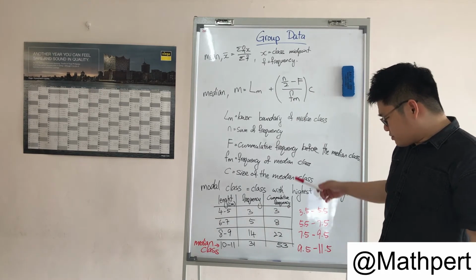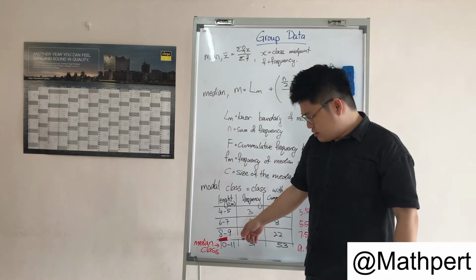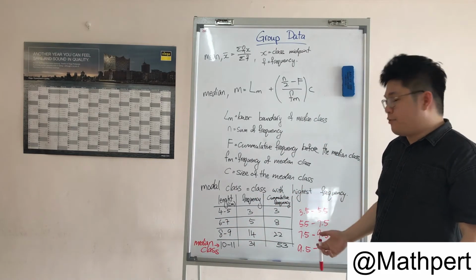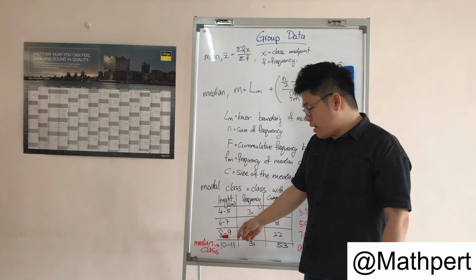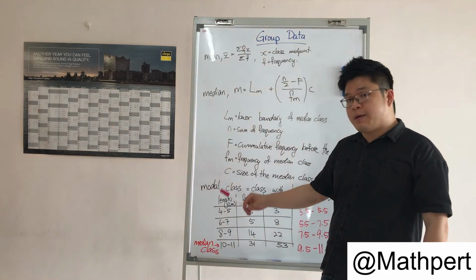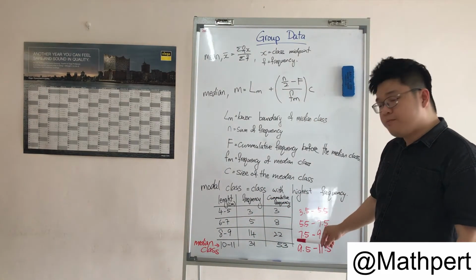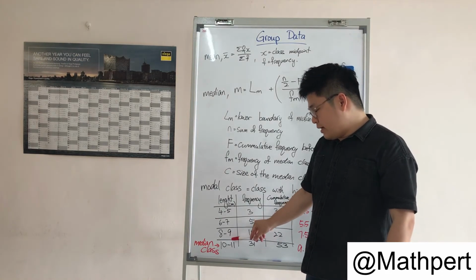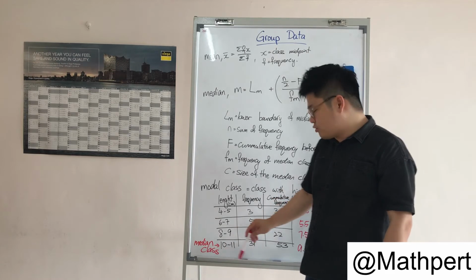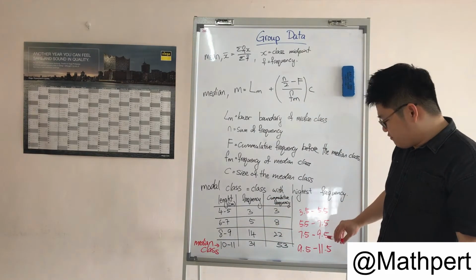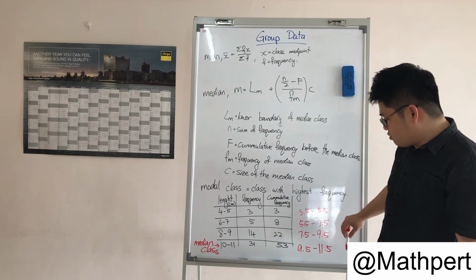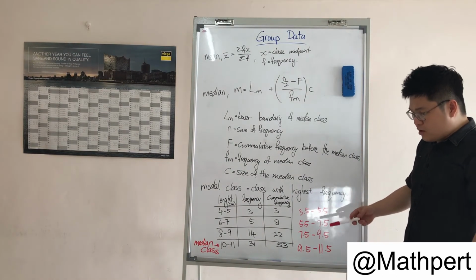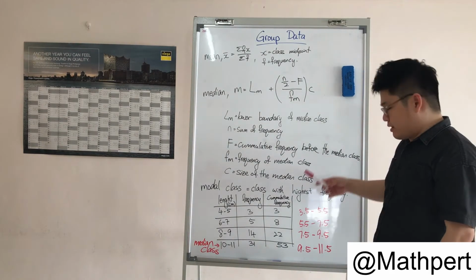So for here, 8 and 9, how do we get the lower and upper boundary? Lower boundary, 8 plus 7 divided by 2 will be 7.5. Then the upper boundary here is 9 plus 10 divided by 2 is 9.5. So for each of the classes we follow it, then we get the lower and upper boundary.